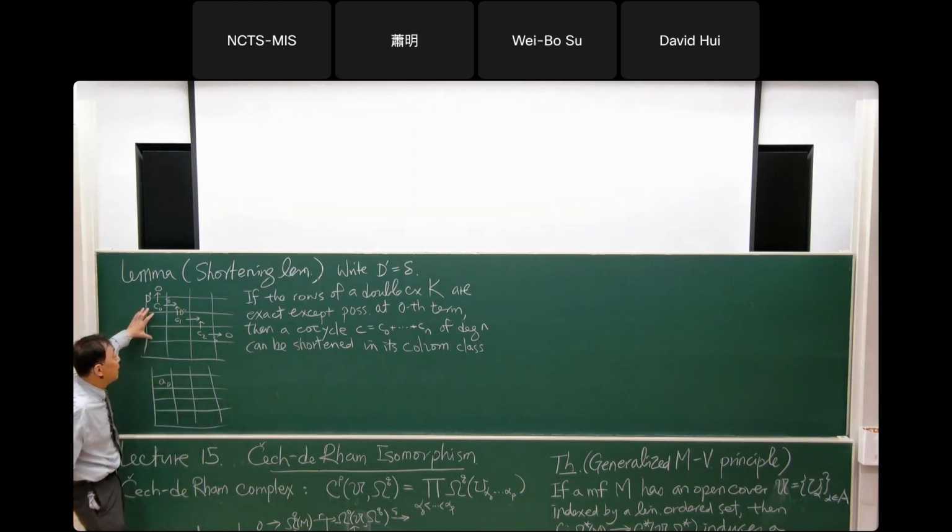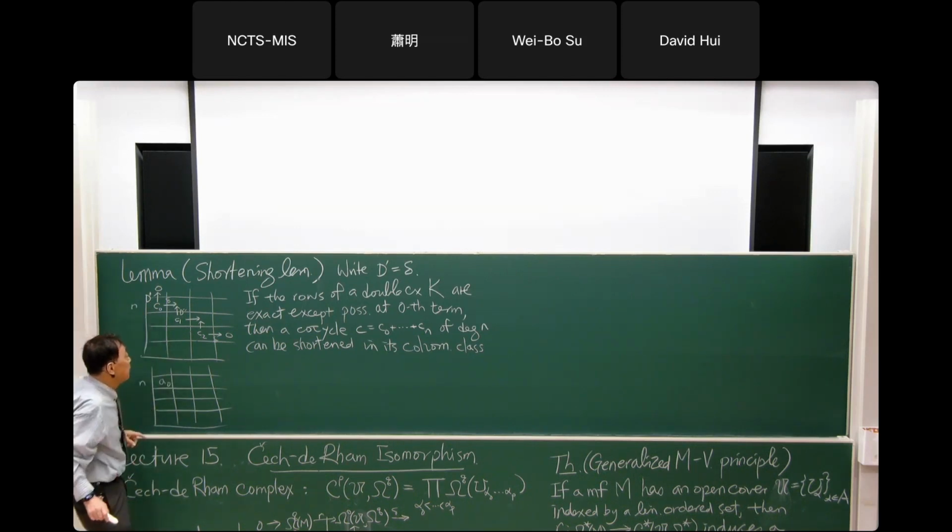So what the lemma says is that if you start with a picture like this, then you can find an exact chain, so that when you subtract the exact chain from C, you'll get this. You end up with a cocycle with only one component, and the component is in degree n.